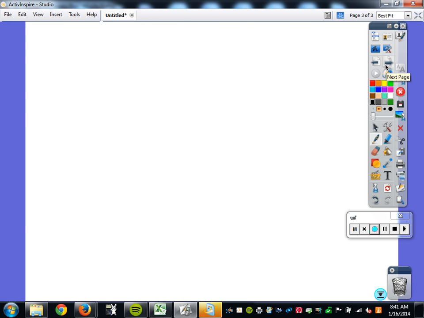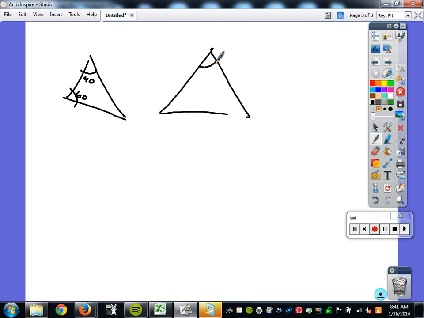All right, so, ladies and gentlemen, let's think about this. Okay? To be honest, if I have two angles, let me show you here. For example, if this guy is 40, and this guy right here is 60, and then I show you over here, this guy is 40, and this guy is 60. What do we know?